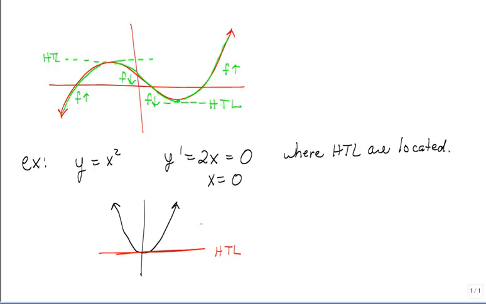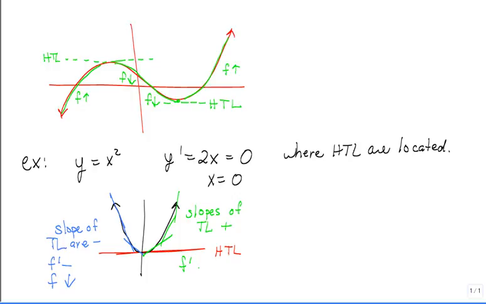And on this side, if we look at the slopes of the tangent line, the slopes of the tangent line are negative. So f prime is negative and f is decreasing. F is going down because you always follow the graph left to right. And if you look over here and you draw the tangent lines, the slopes of the tangent lines are positive.